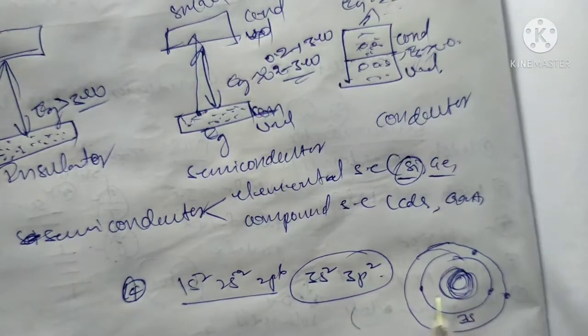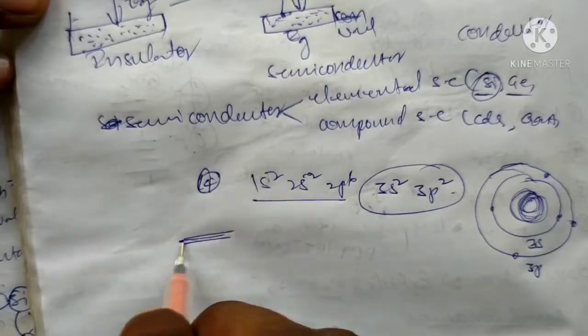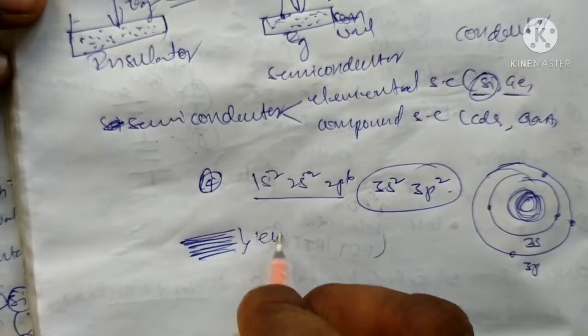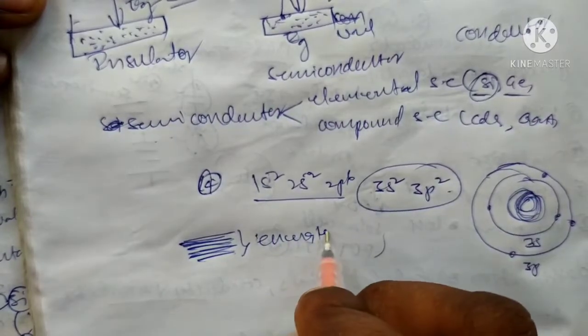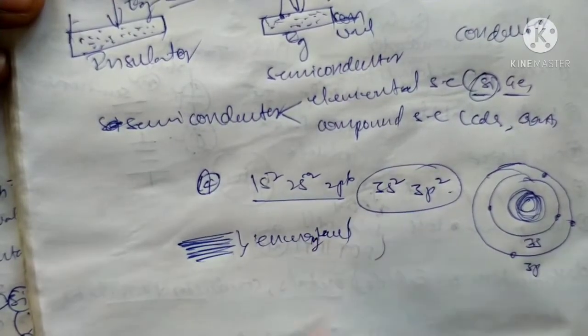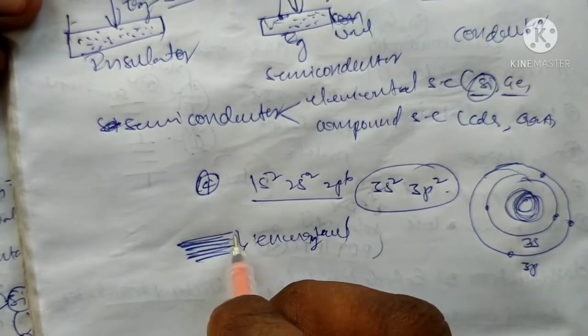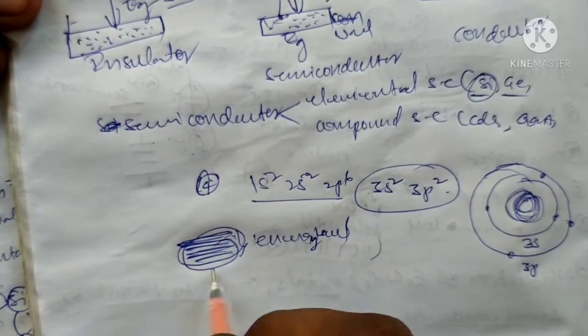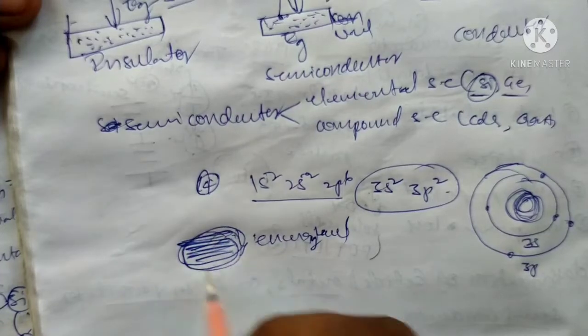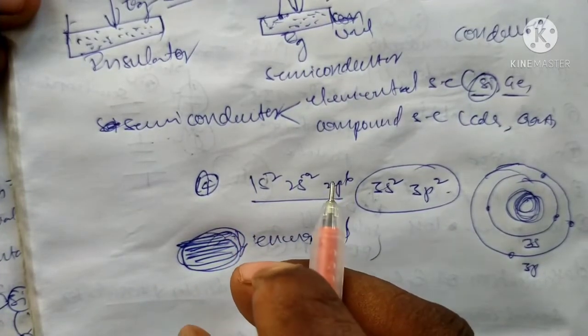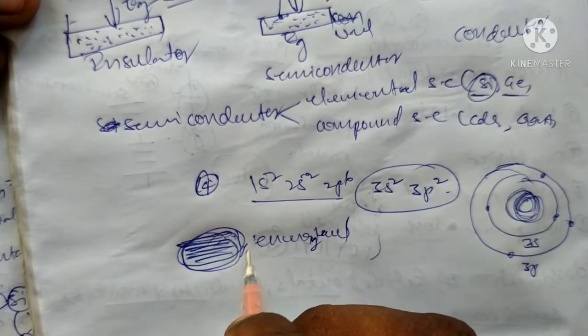Okay, this is the energy diagram like this. These are the energy levels. According to the energy levels, this type of grouping is called an energy band.